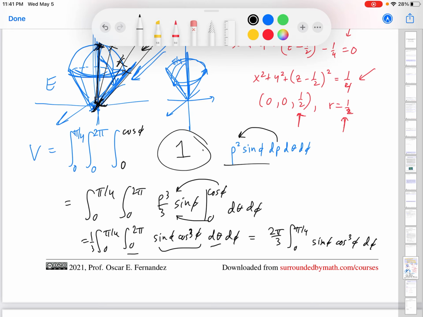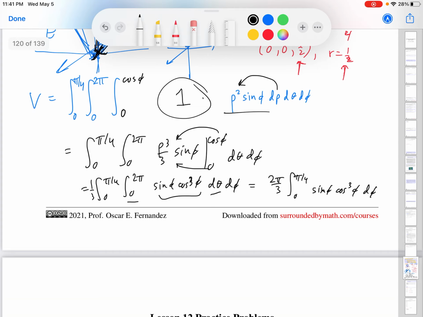And now we're back to single integral land. And this one actually is a nice integral in the sense that you can easily use substitution. So if you let u equals cosine phi, the derivative is minus sine phi d phi. And you can use that to write this integral as negative 2 pi over 3 times the integral of u to the third du.